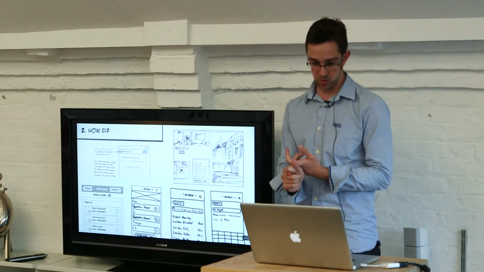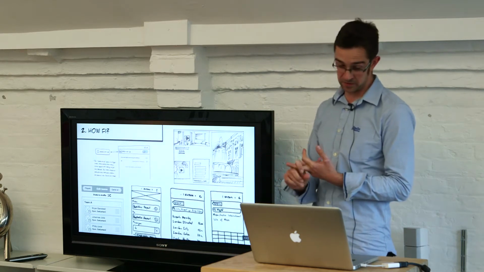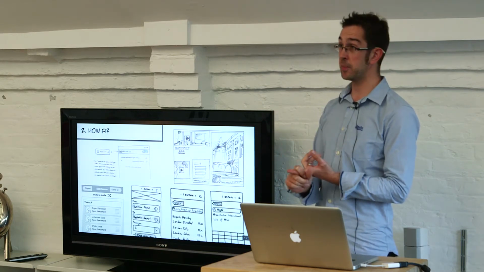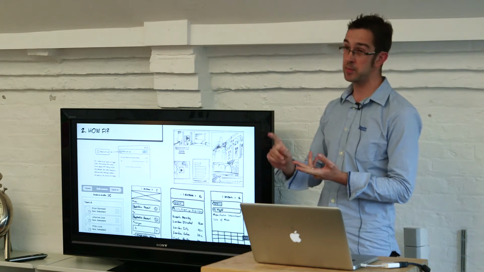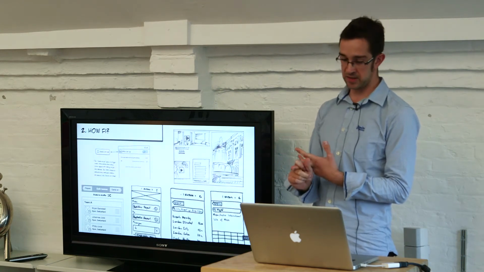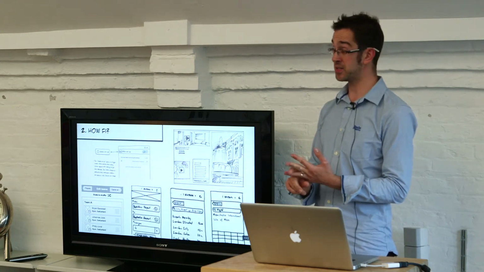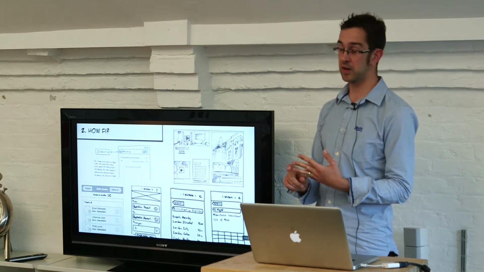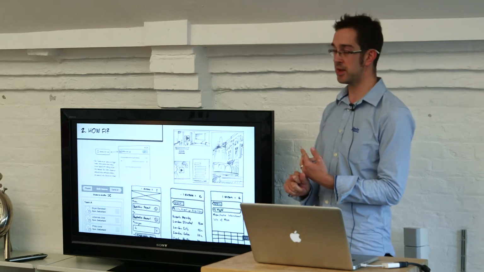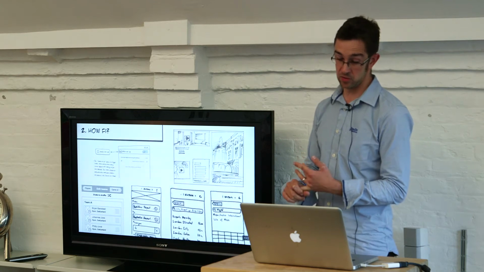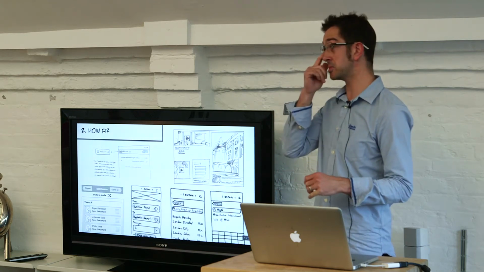So how to choose which approach is most effective? Think about the complexity of the interactions you're trying to describe, how close you are to the dev team, how experienced that dev team are, what kind of documentation they're expecting, and also how complex the transitions themselves are.